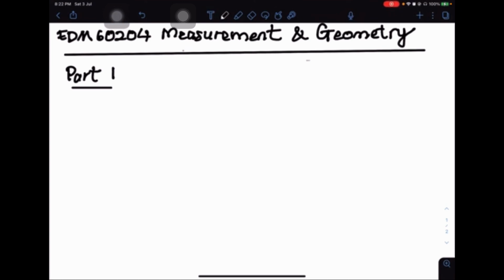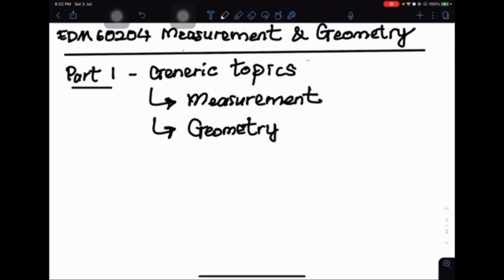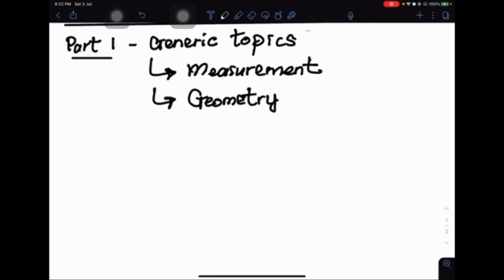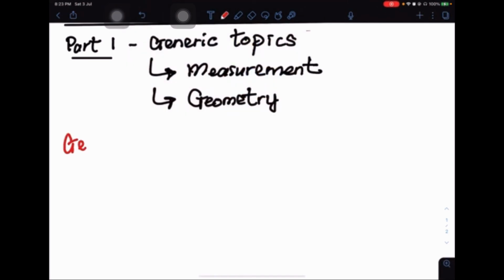Part 1 will be all the generic topics, which actually covers measurement, and also it covers geometry. Okay, so the generic topics that actually cover measurement and geometry are, for example, the generic topics.